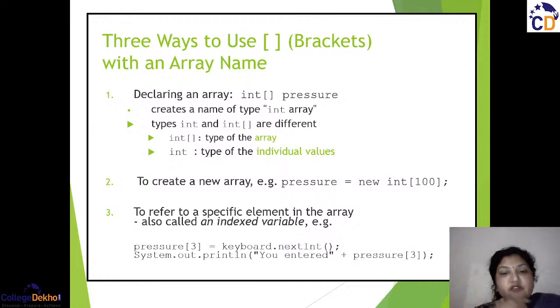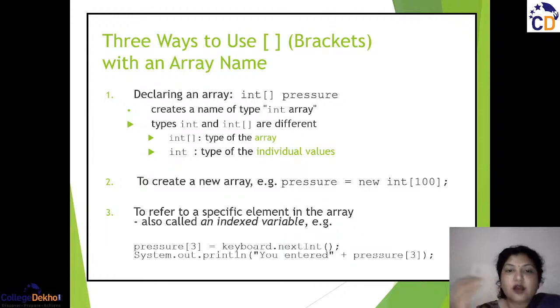Suppose we have taken some value as input from the user, and using the Java print command, we are printing the values on the screen. Now, what is this pressure 3? The value in the array at that index, that is 3, is going to be printed on the screen.